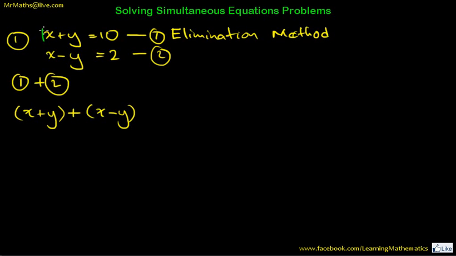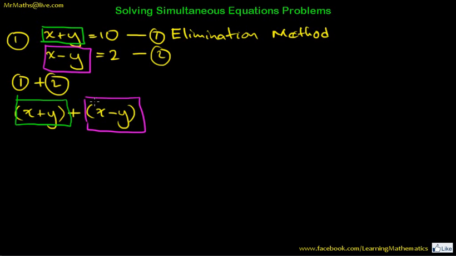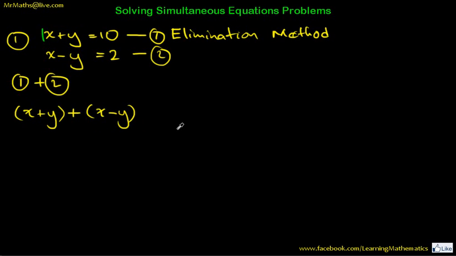This x plus y belongs to this, and x minus y is being put here. Okay, is it clear? Alright, and then we need to do the same on the right hand side of the equation too. It looks a little bit cluttered. Let me just get rid of those boxes. Okay, but I hope you understand.